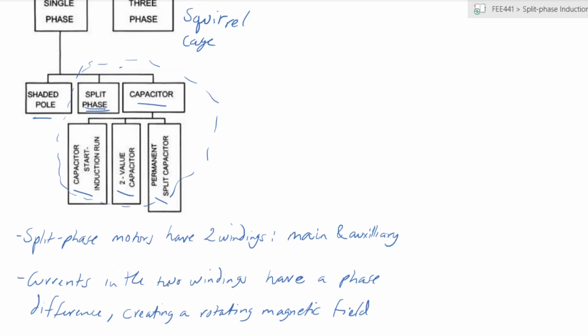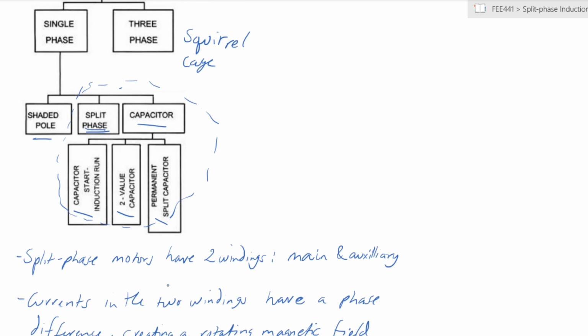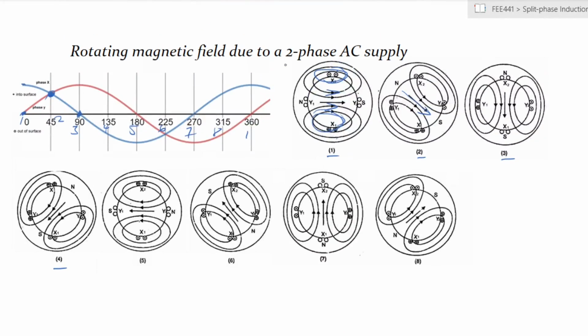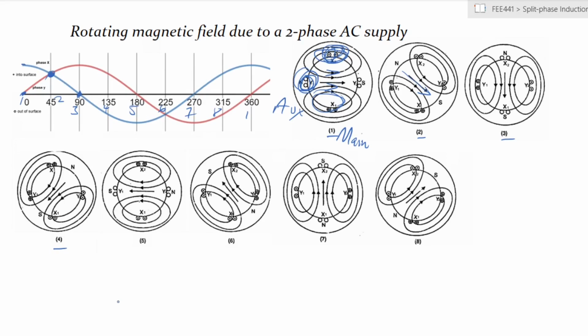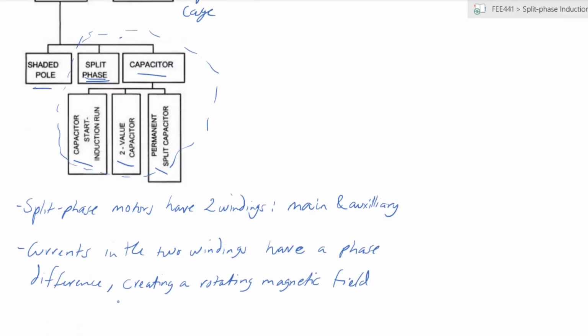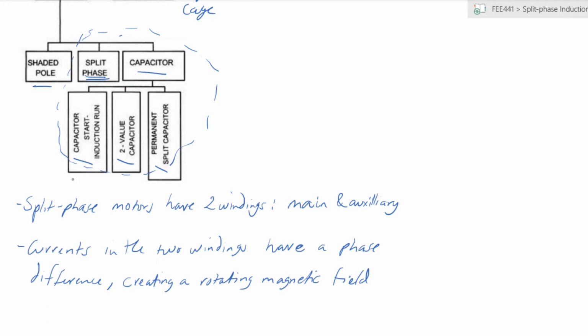Split phase motors have two types of windings: a main winding and an auxiliary winding. In fact, all of these motors have a main and an auxiliary winding.